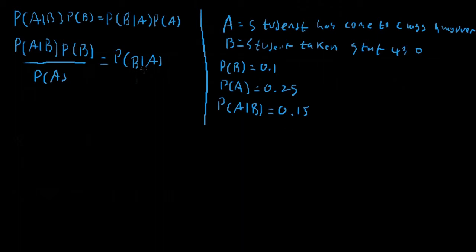So how do I figure out the probability that a student has taken Stat 430 given they tell me that they have come to class hungover before? Well, I take these numbers and I plug them into this formula over here.